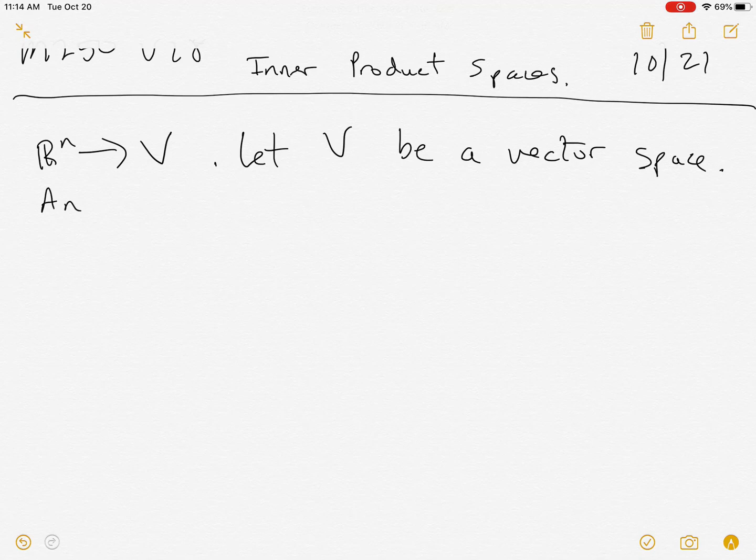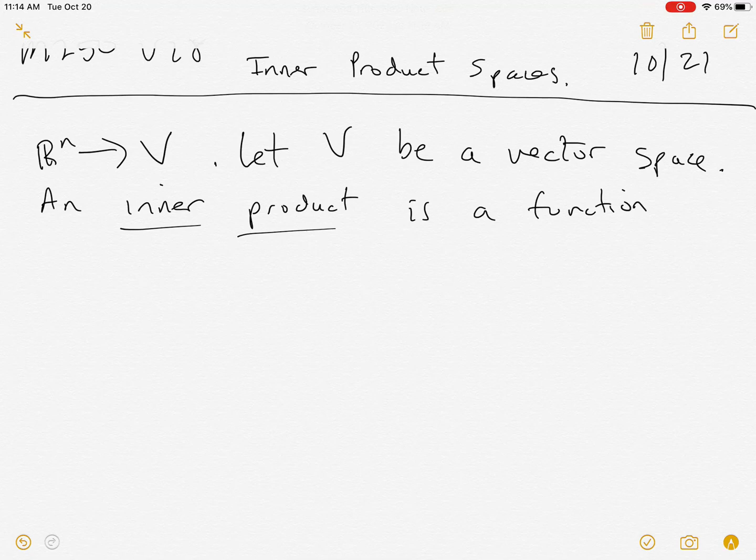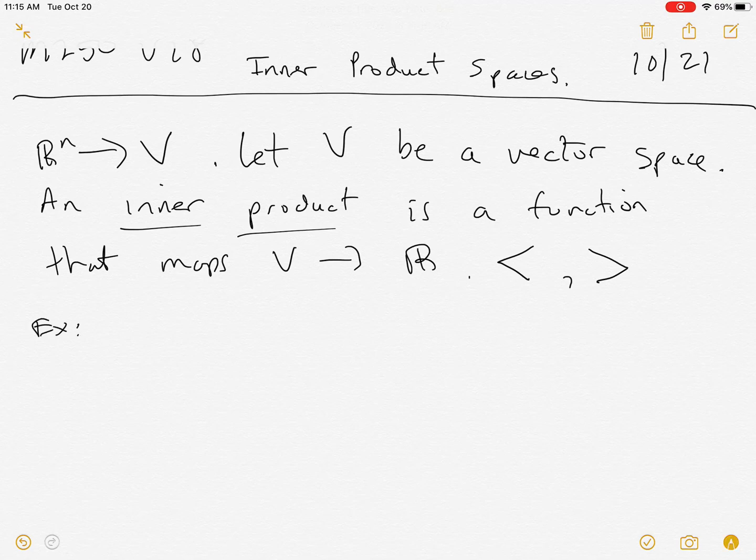An inner product is a function that maps V to R. And the function is defined to be angle, comma, angle. And there's a reason why in Calc 3 and other classes I don't like it when people use this for a vector.